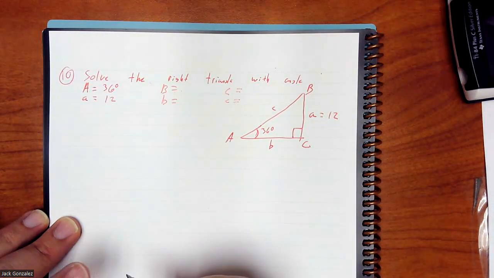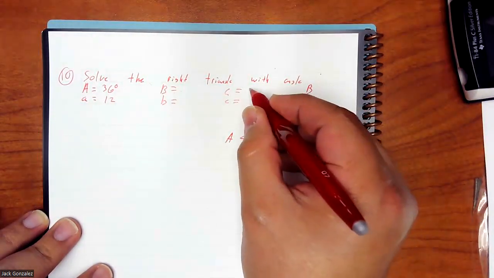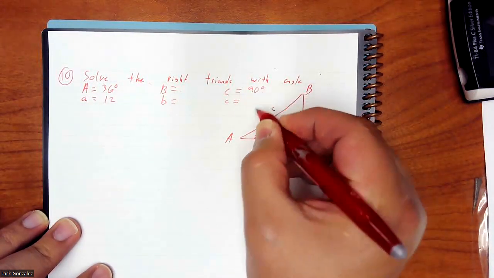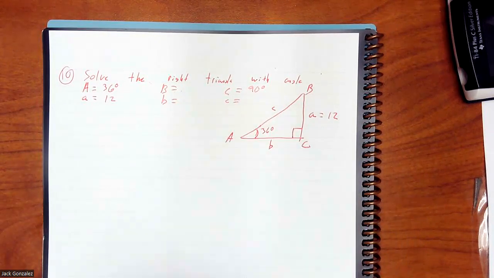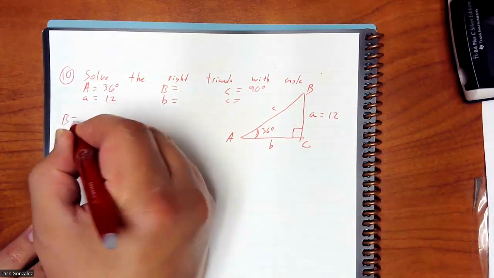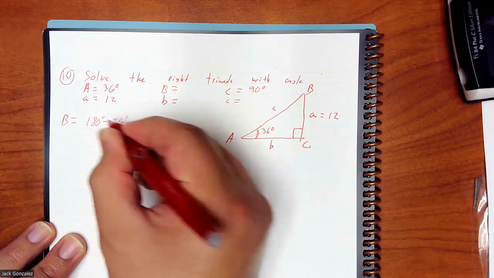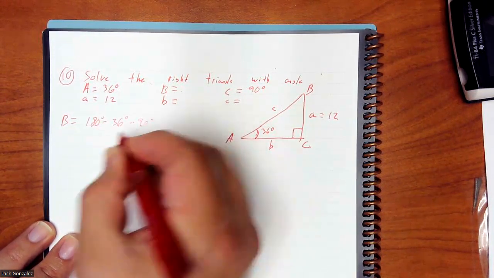So capital B and little b, we don't have it. We have this angle, right? Hits the corner. So we should have capital B as well. That one should be easy to find. So the work to find capital B would be 180 minus 36 minus 90.